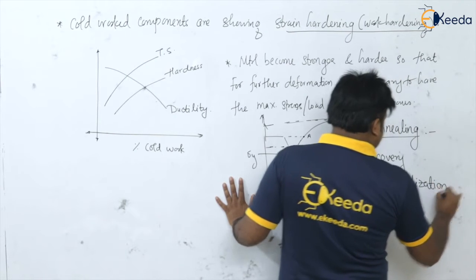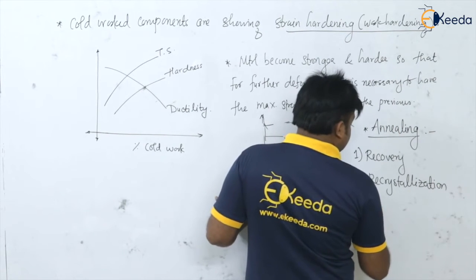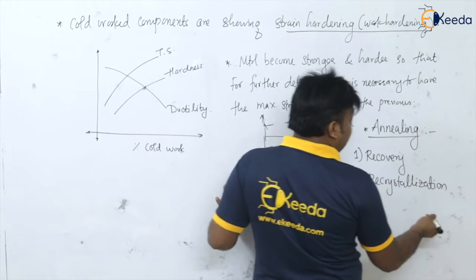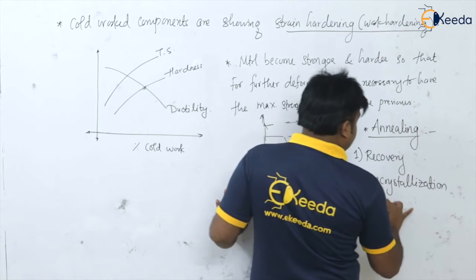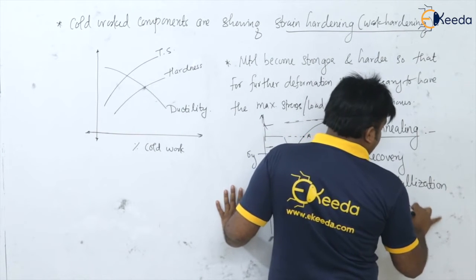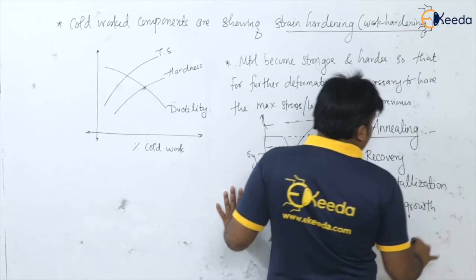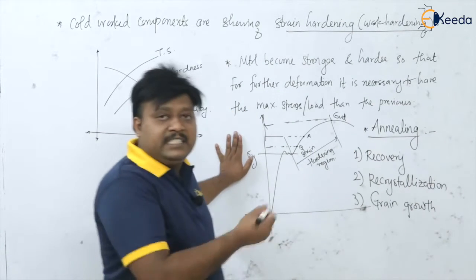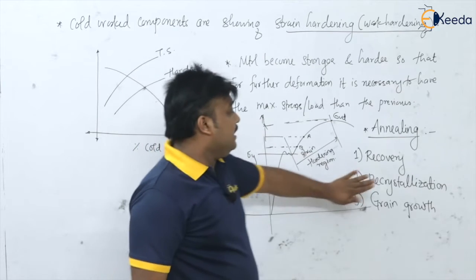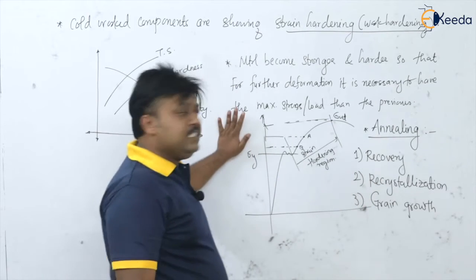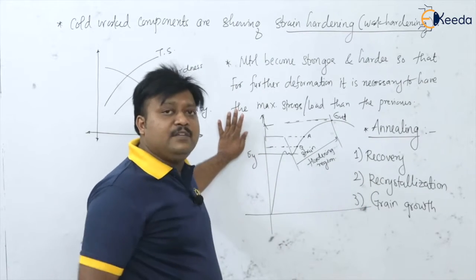And third one is the secondary recrystallization, we can say, or you can say the grain growth. With these heat treatment processes, we are able to give sufficient properties for the deformation.